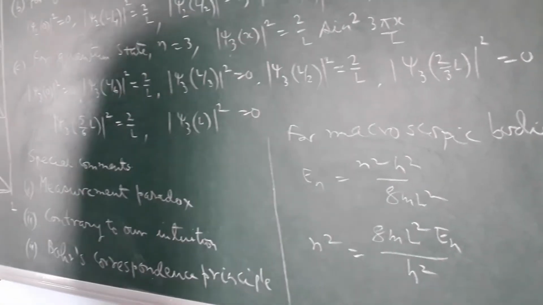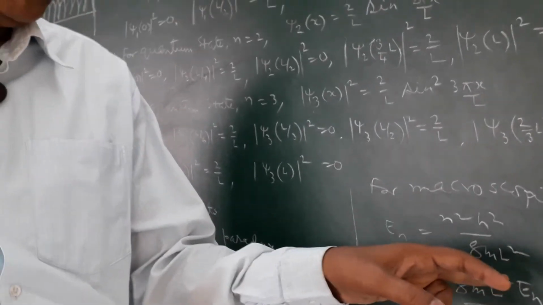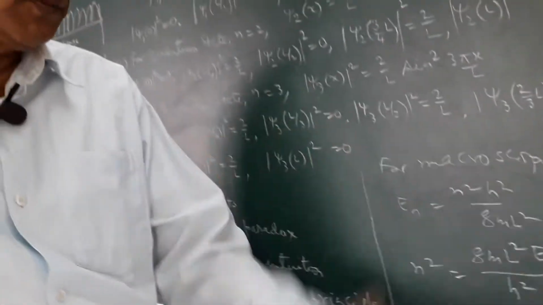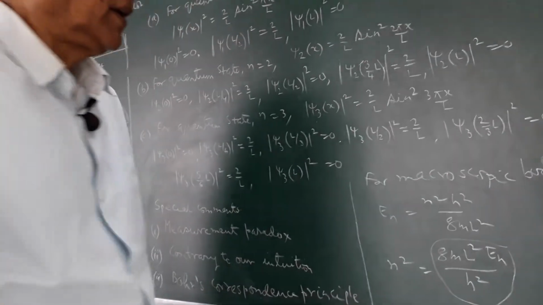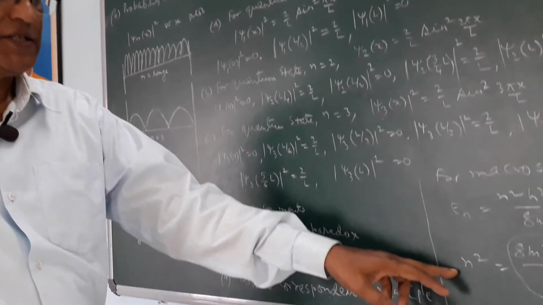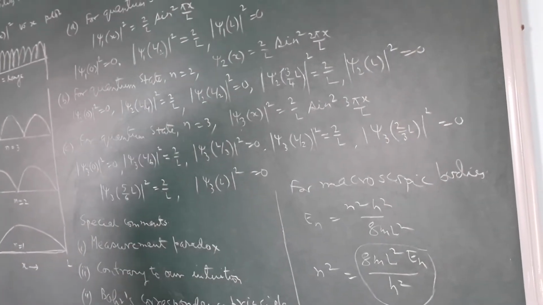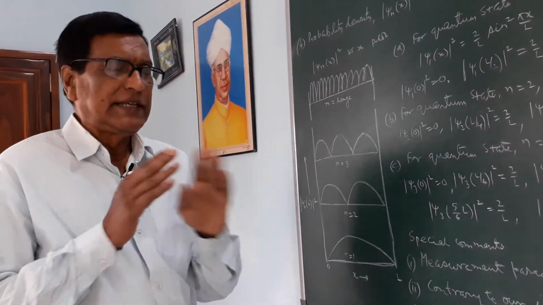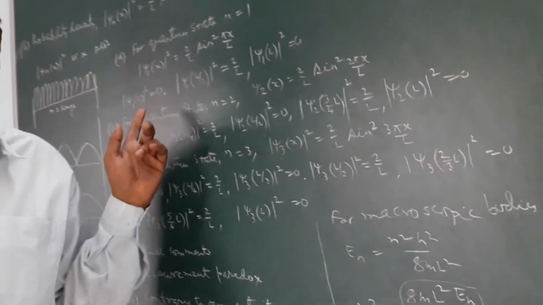So for macroscopic bodies n is very large, and h is very small, its square again smaller, so this one will be very high. So for this quantum state, when n is large, the macroscopic bodies automatically follow classical mechanics, and every location will be equally likely for these macroscopic bodies.